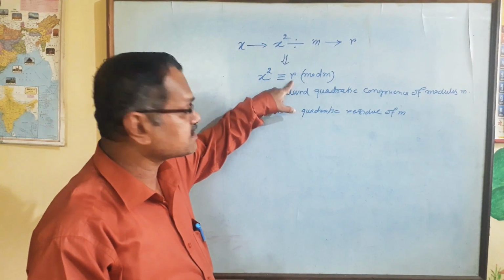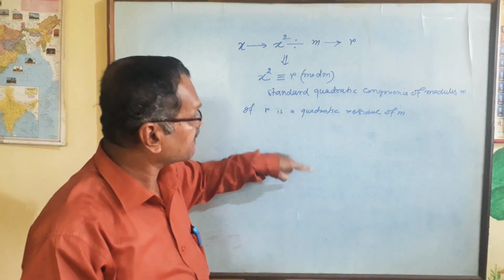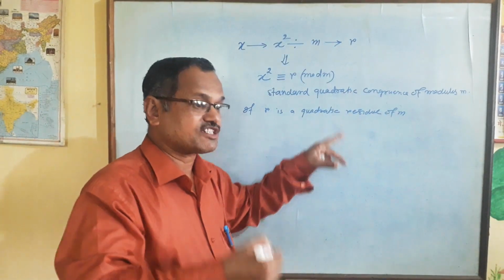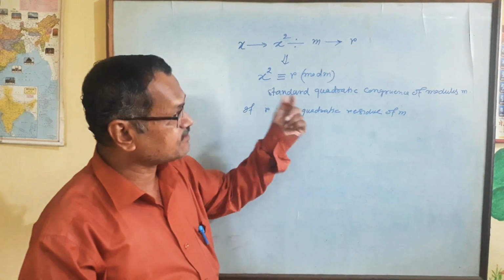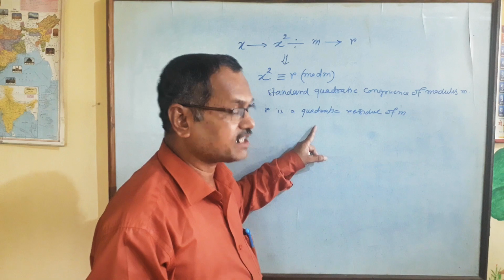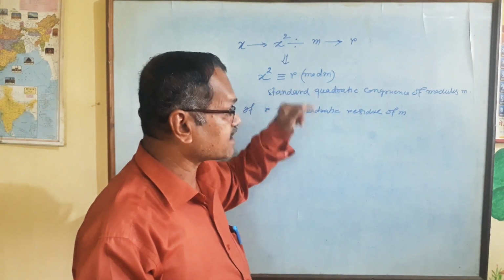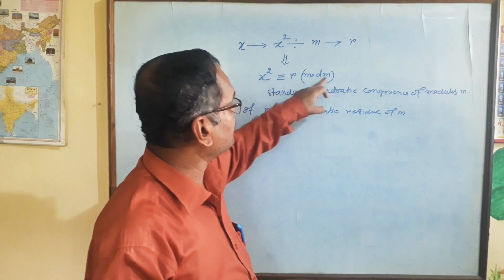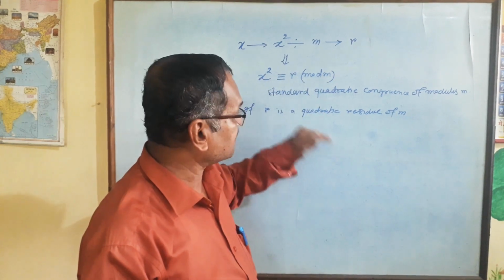Here r is a remainder, which we are calling a residue. Quadratic means square. When a square number is divided by m, we get the number that is called a quadratic residue.